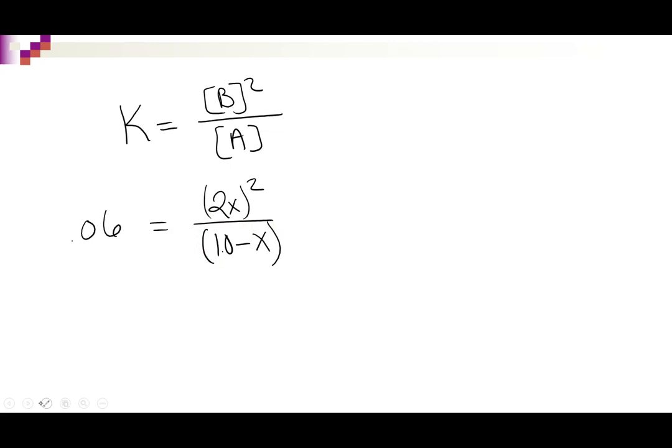What the simplifying approximation tells us is that if the k value is small enough, and we'll see what small enough means, what we're going to do is just ignore whatever x is added or whatever x is subtracted.